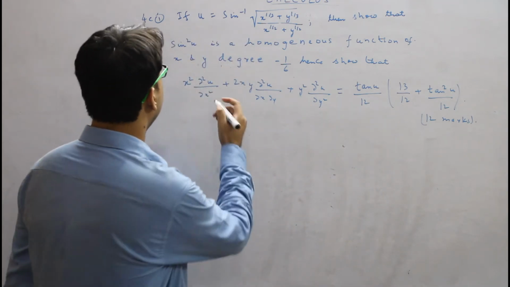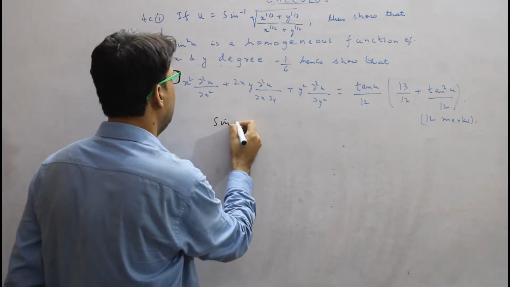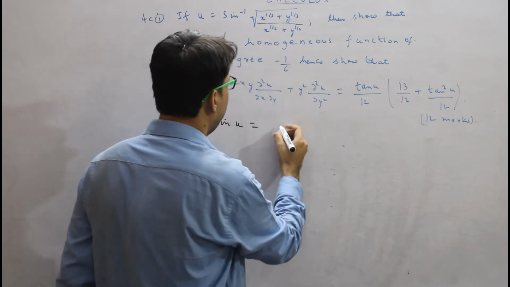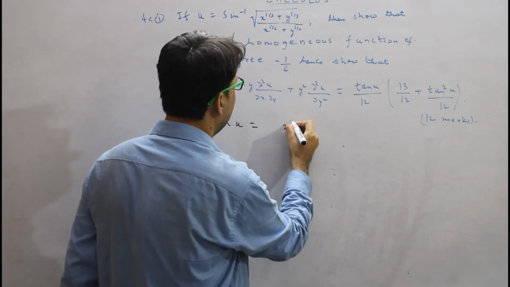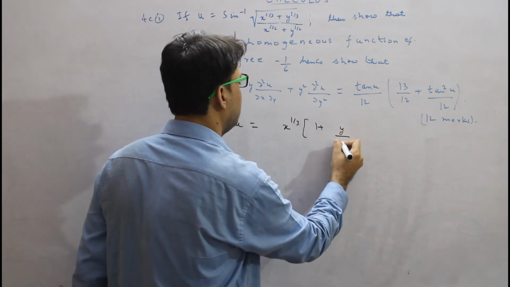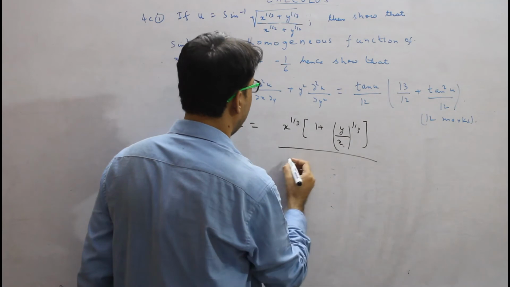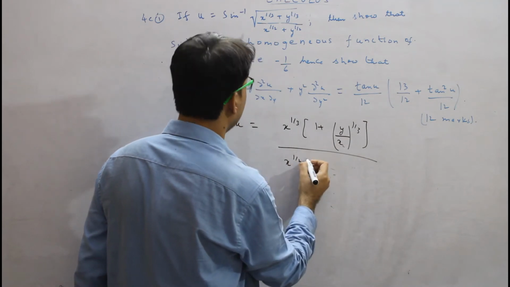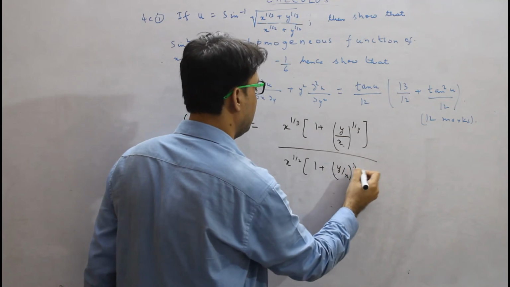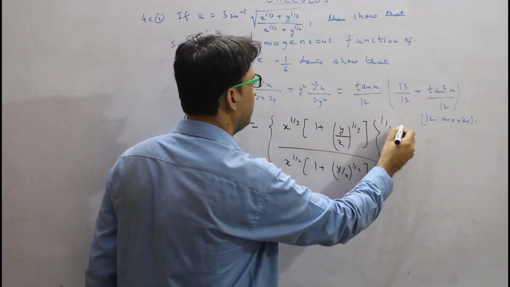So we are given u is equal to sine inverse. I will write this sine u as some function f, and I will take x to the power 1 by 3 outside, divided by x to the power half, which I will also take outside, and this is whole to the power half.